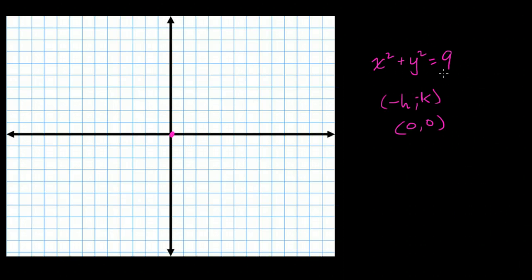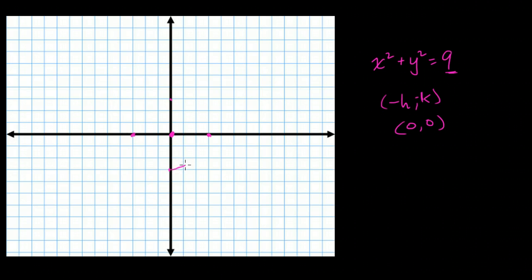In this case, our r is the square root of 9, or 3, so I can go 3 from that distance there, 3 up here, 3 back this way, and let's go 3 down.